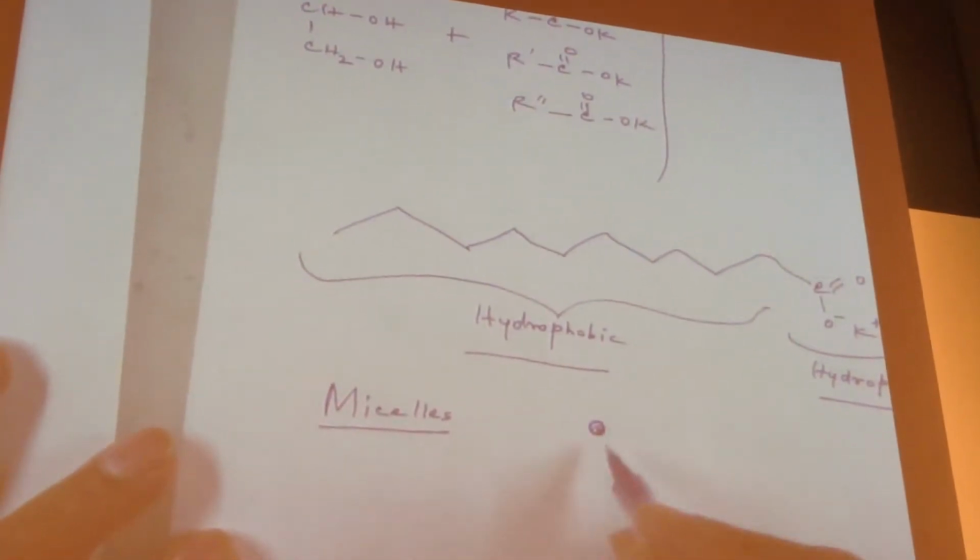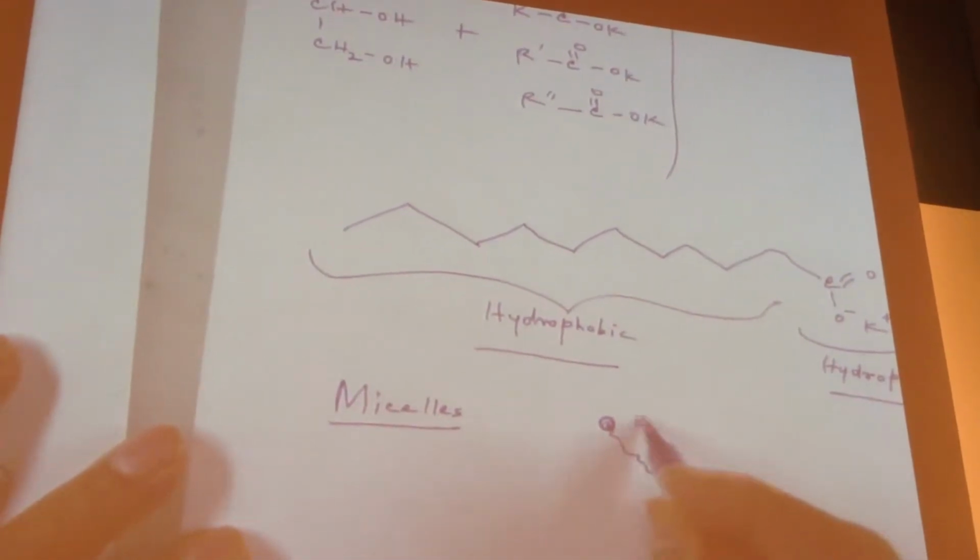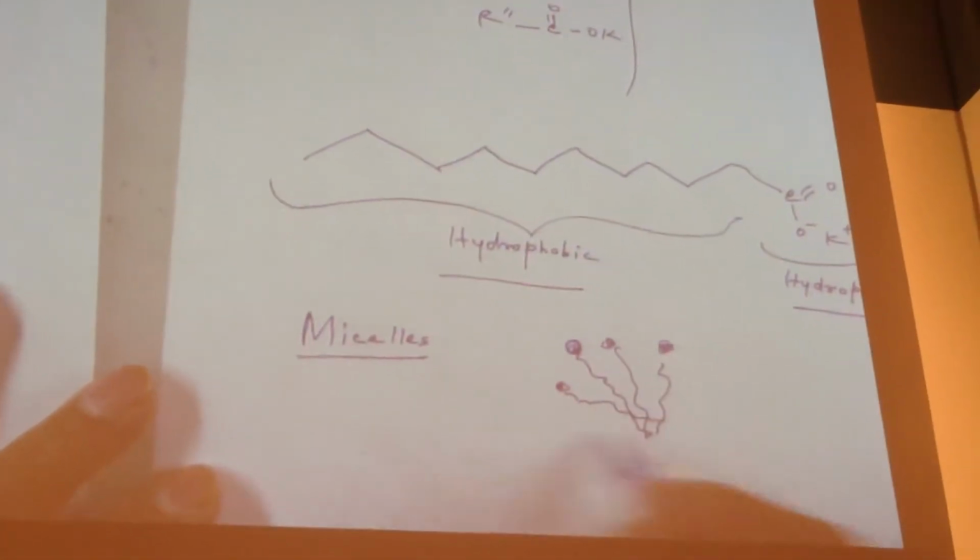Micelles have a head group which is water loving, exposed to the water, and then a long chain. And they generate this type of pore.